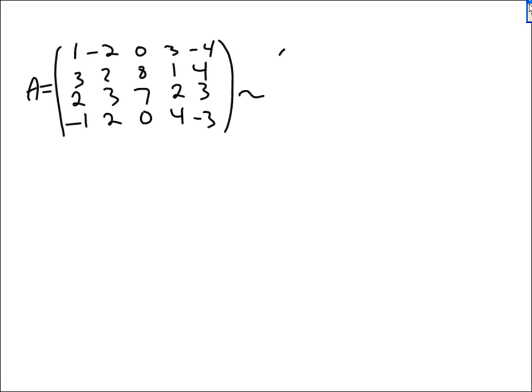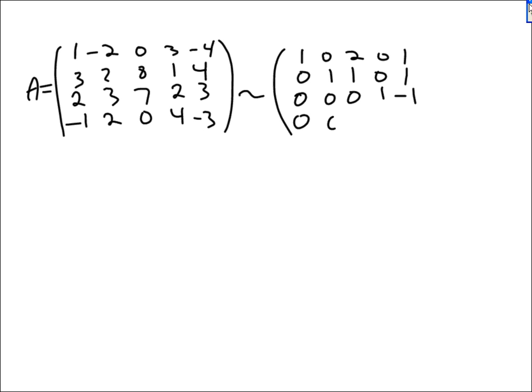And this was row equivalent to this matrix: 1, 0, 2, 0, 1, 0, 1, 1, 0, 1, 0, 0, 0, 1, negative 1, and a row of zeros.